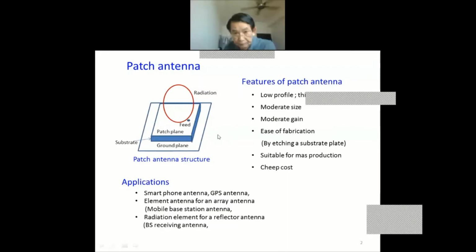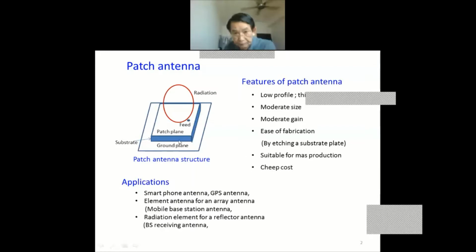By etching, removing the surrounding area, we can achieve this structure very conveniently. This etching process is suitable for mass production and cost can be reduced, very cheap cost.